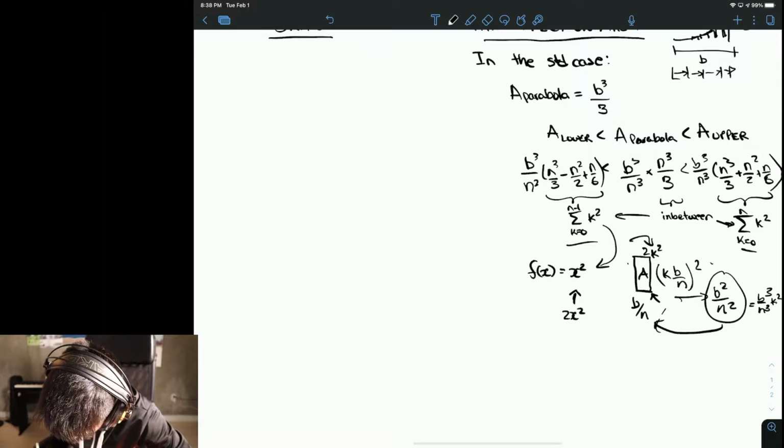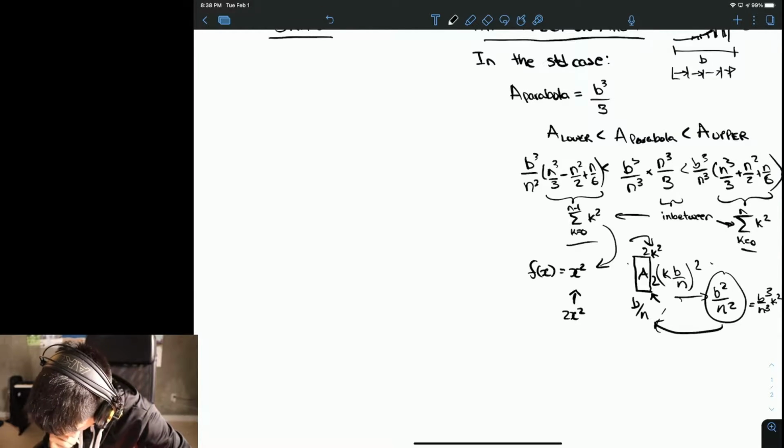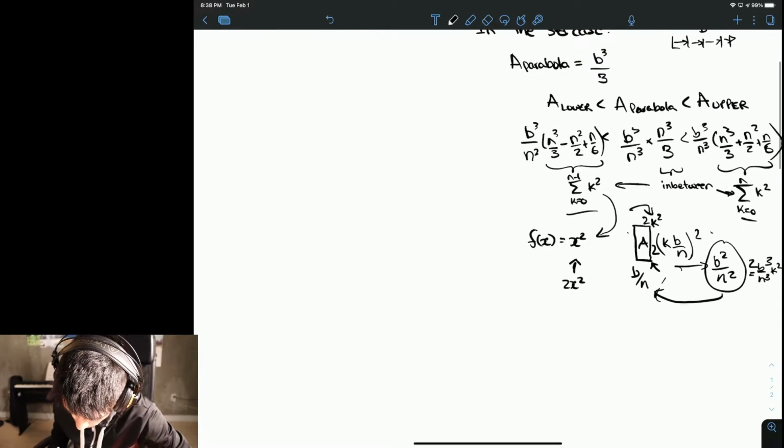This would be 2 times x squared. This would be 2 times k b over n. Oh, sorry, I guess it's on the outside. It would look something like this. And ultimately, the final effect is that the area just increases by a factor of 2.